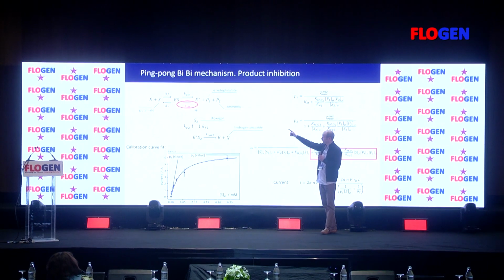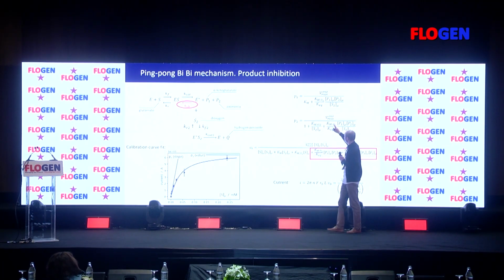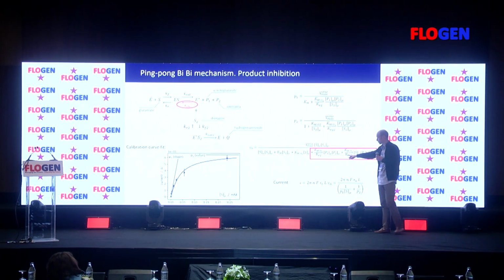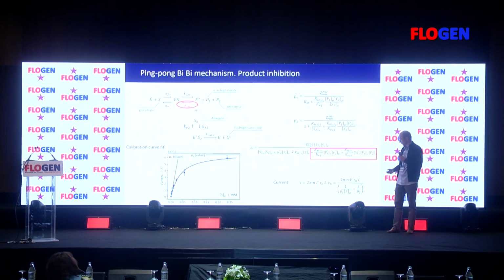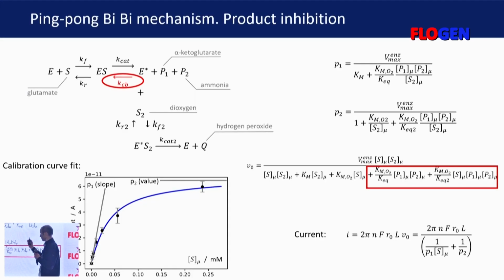By adding this reversibility step, this changes the parameters which we can extract from the graphical analysis, and it also adds these two terms into the initial rate. But again, with these equations we can still model the calibration curve and correct it with interfacial concentrations.